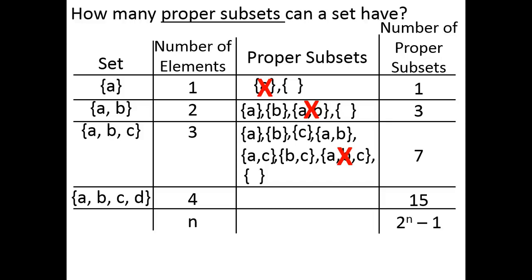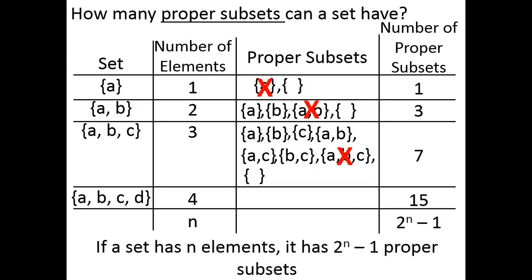But if we want to know how many proper subsets it has, we would have to take away the one subset that's equal to the original set. So that means if a set has n elements, it has 2 to the n minus 1 proper subsets, where the minus 1 is for the subset that's equal to the original set.